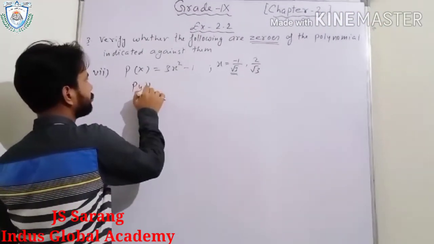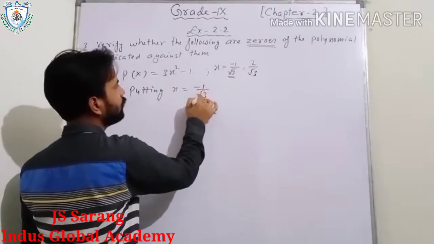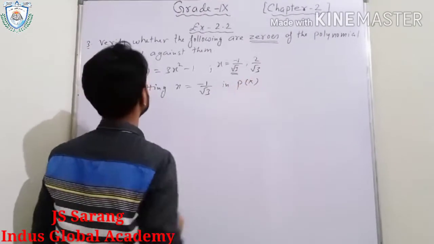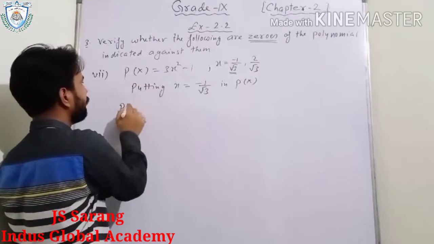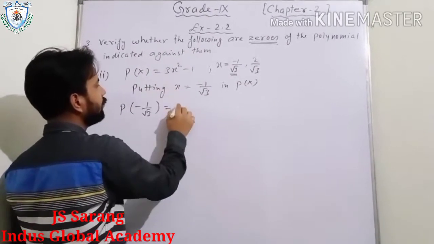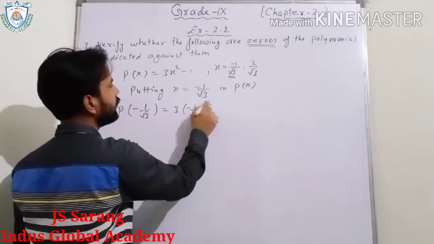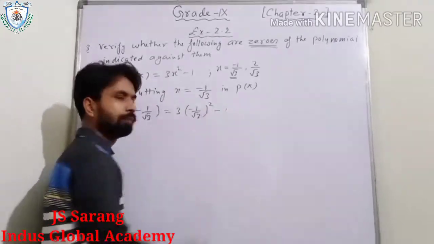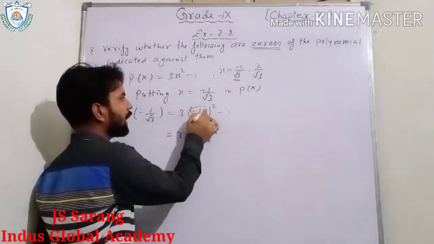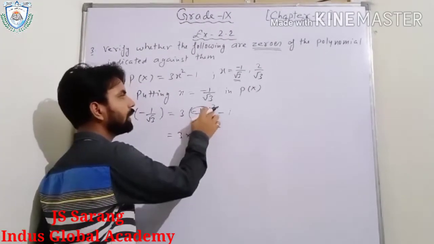So first I will check for minus 1 upon root 3. So putting x equal to minus 1 upon root 3 in p of x. So p in place of x we will put minus 1 upon root 3, equal to 3 into x square, where x is minus 1 upon root 3, squared, minus 1. Clear? Now see, 3 into, because this minus 1 is squared, that is positive 1 upon root 3 square.